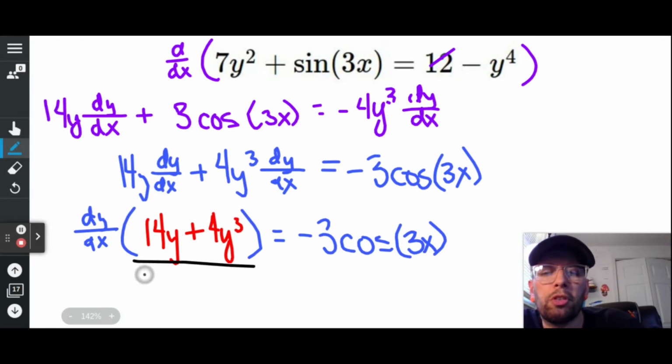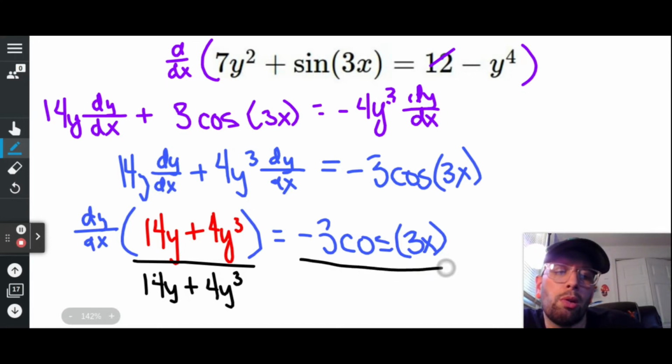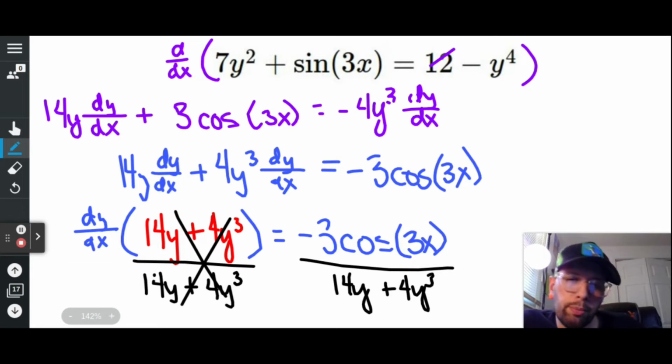Divide everything by 14y plus 4y cubed. That crosses out.